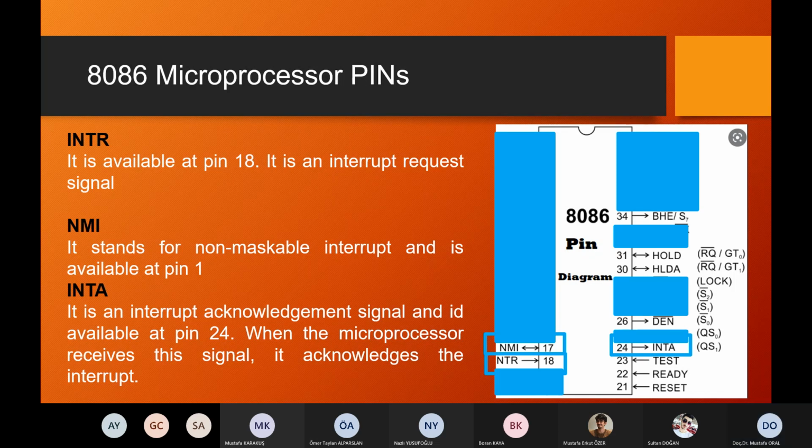It will try to execute the program there, but there is still an interrupt request from pin 18, because we never suppressed it, or we didn't say, okay, we will be dealing with the problem, so stop bothering me, stop signaling me. So that's what happens when it receives a signal from pin number 18, the interrupt.